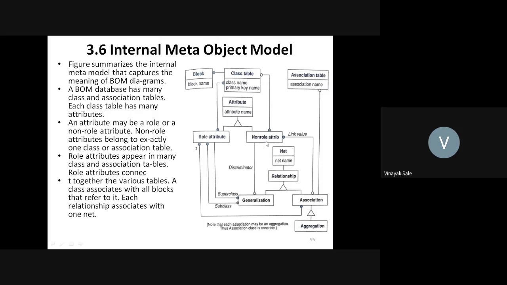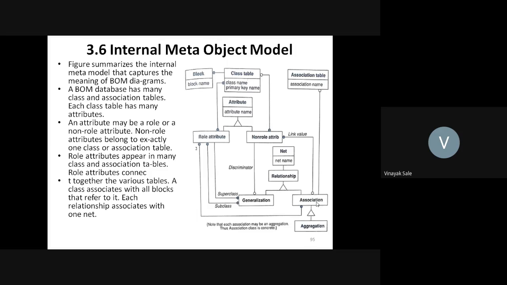The non-role attribute belongs to exactly one class or association table. The role attributes appear in many class and association tables. Role attributes connect together the various tables: a class's attributes with all blocks that refer to it.